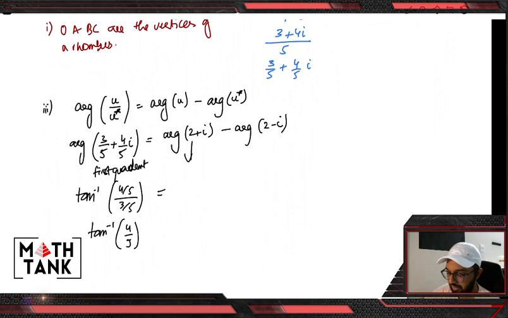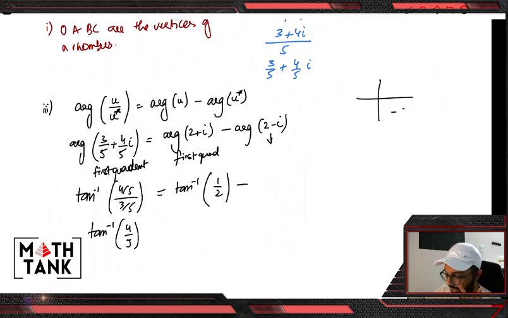Again, when I'm calculating the argument of this, it is again in the first quadrant. So again, tan inverse of the y coordinate over the x coordinate, tan inverse of half, minus, now this is not in the first quadrant, this is in the negative quadrant 1, because it has a real part and an imaginary part that's negative.